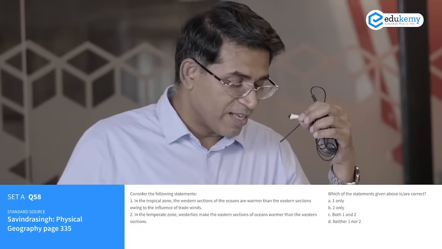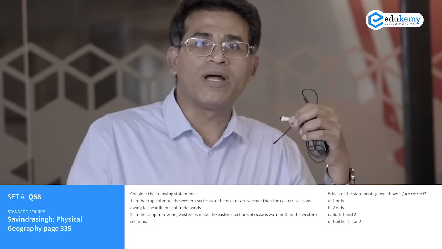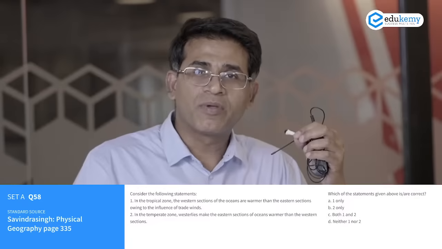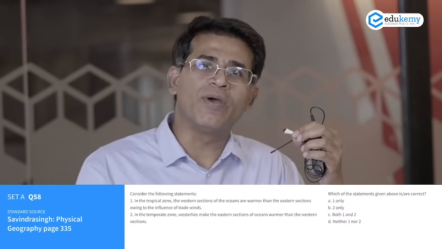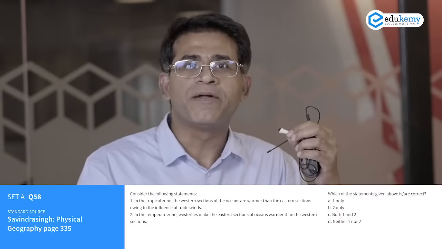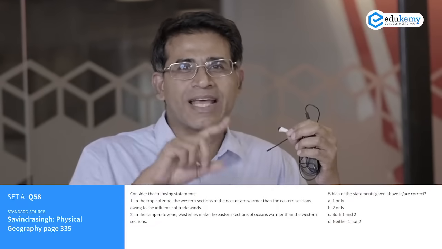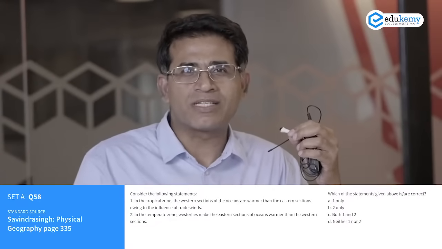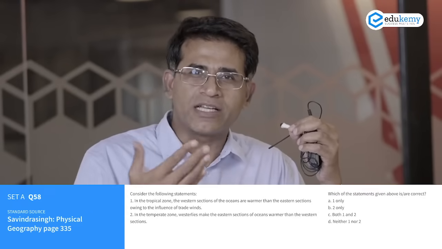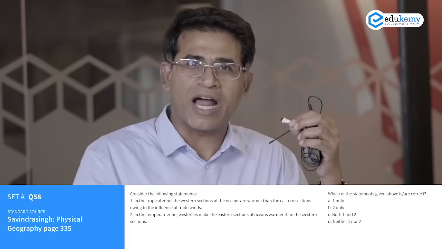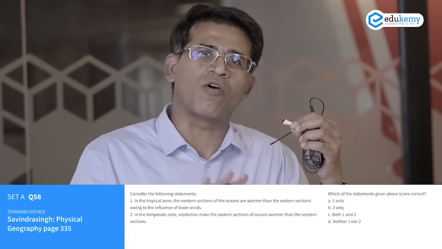Fair enough. So I think statement number 1 shouldn't be a problem at all, because time and again we talk about tropical waters having upwelling along the eastern side. The confusion students have is eastern waters versus western coast. If I look at the Atlantic Ocean, the eastern waters of the Atlantic Ocean are along the western coast of continents.